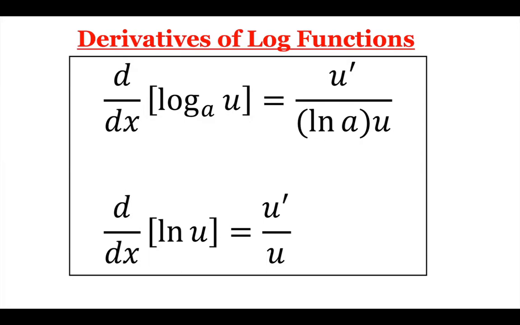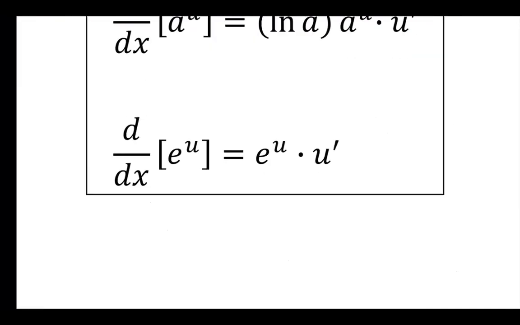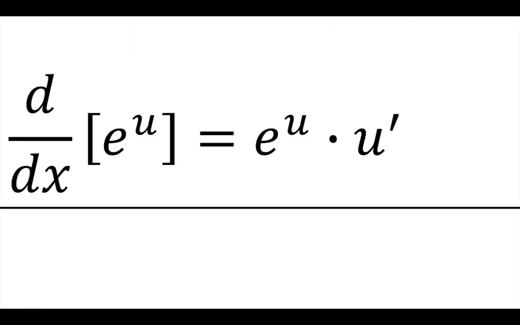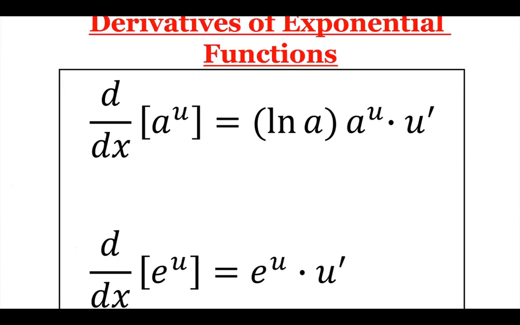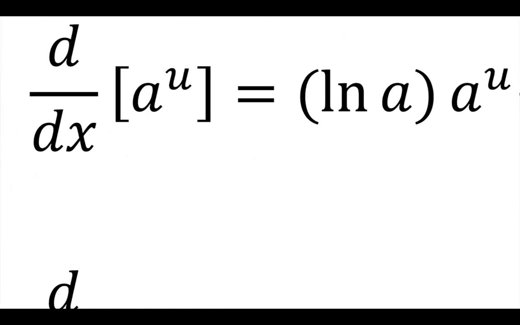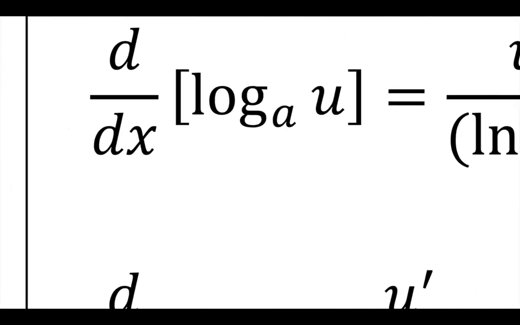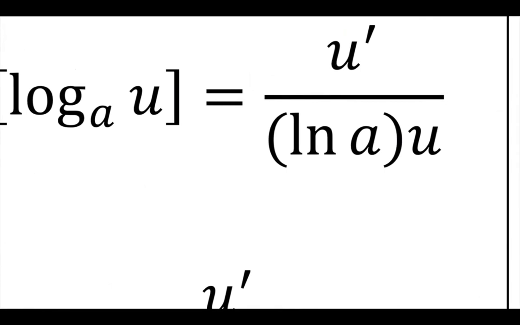Okay. You won't see logs that often. You'll see natural logs a lot, and you'll see e's a lot, which is good for us because those are the easiest ones to find derivatives of. You don't necessarily see regular exponentials and regular logs too often. Okay, so we're going to focus on the ones that you do see.